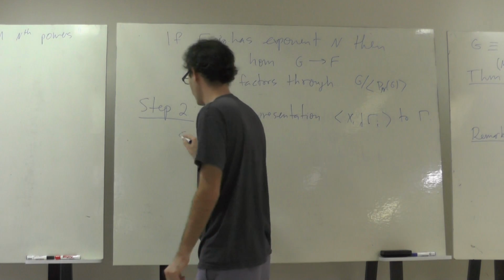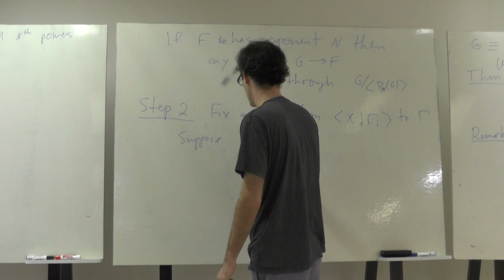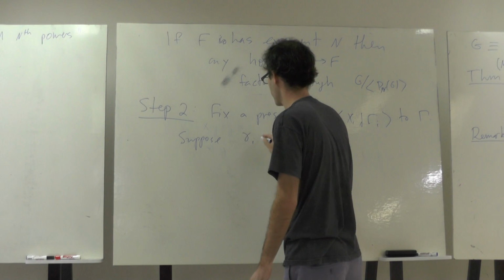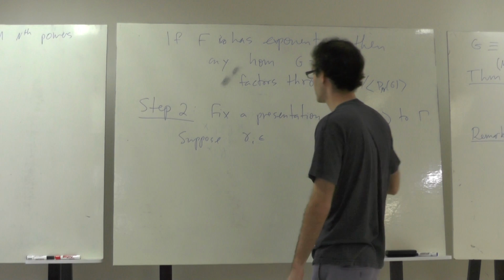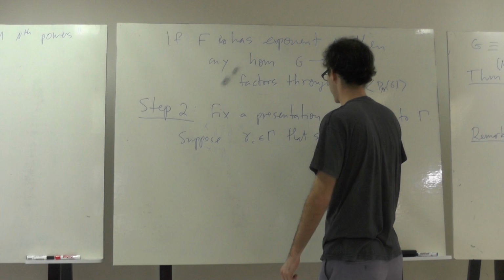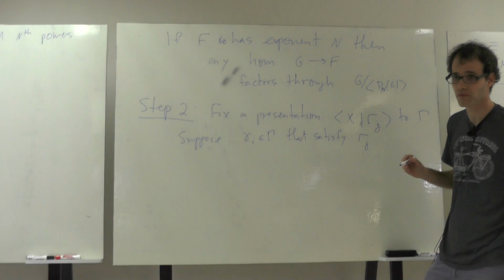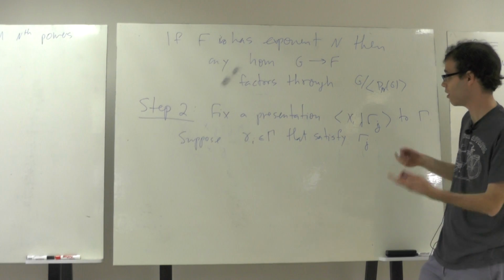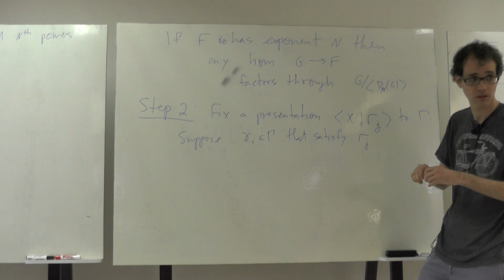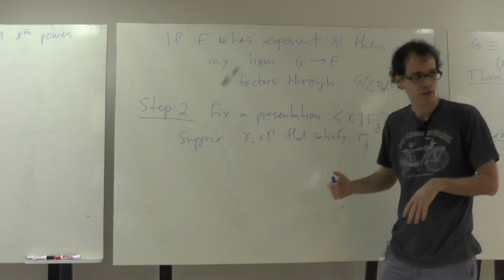Now suppose you have some elements, let's call them gamma i, in gamma that satisfy these relations. Okay? So basically I'm constructing a homomorphism from gamma to gamma. Right? So xi goes to gamma i.